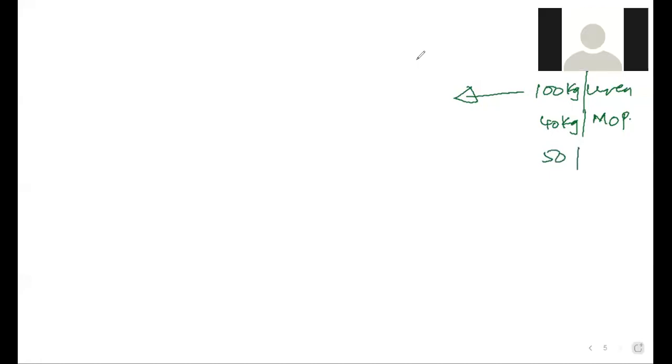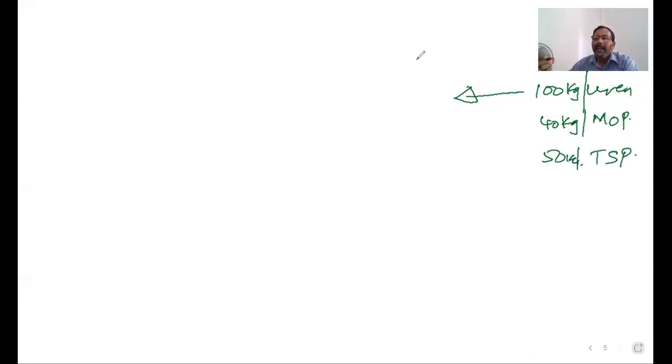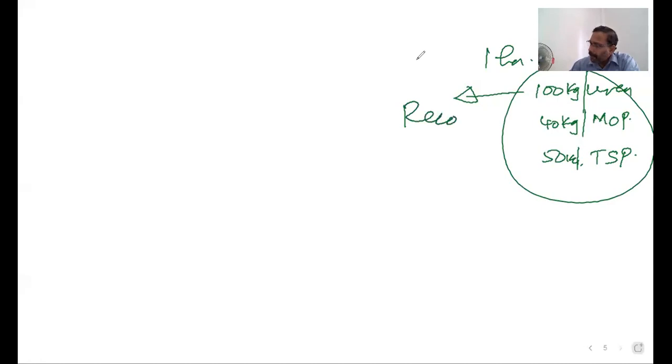Yes. TSP. Triple superphosphate. That is, let's say 50 kilograms. As an example, I don't know really the actual value in 1 hectare. So people say this is the recommendation by the Department of Agriculture, DOA.